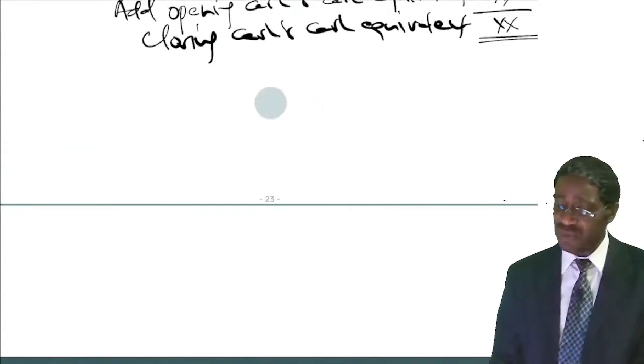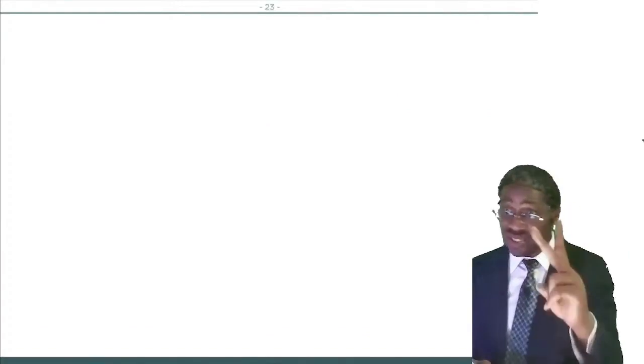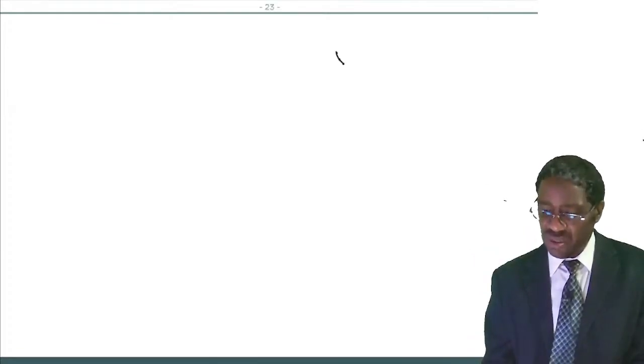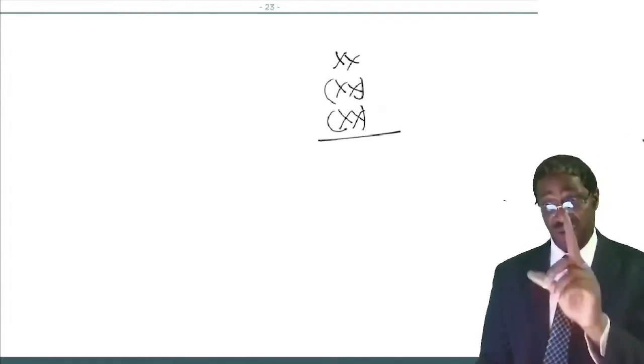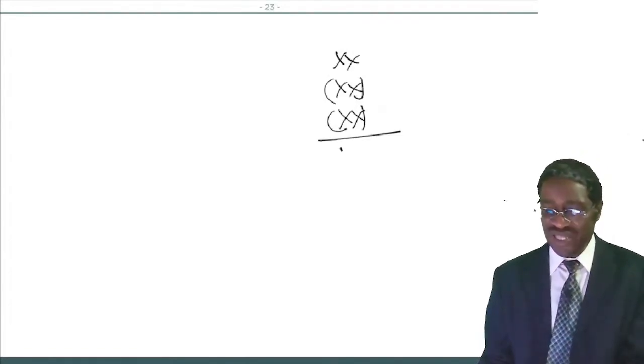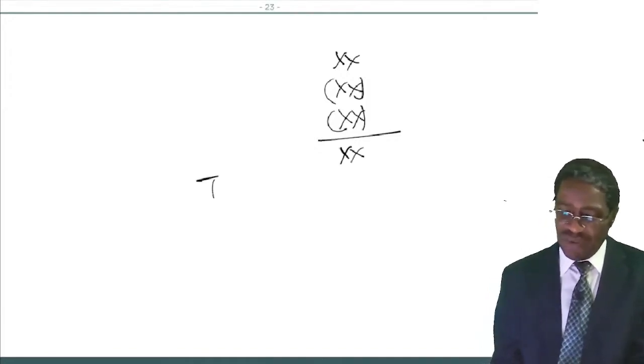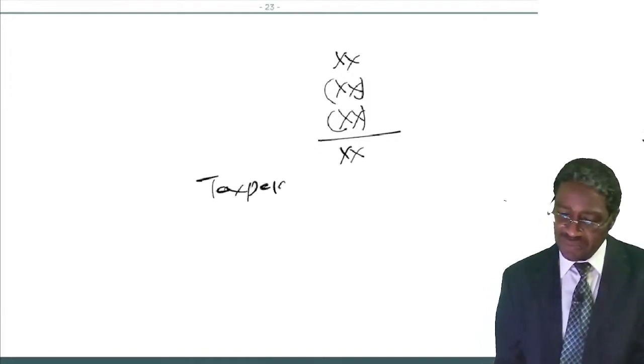Now, let me remind you, whenever a question requires you to prepare a cash flow statement using the direct method, you only need three figures. Once you identify those three figures, you get the net, then you minus tax paid.